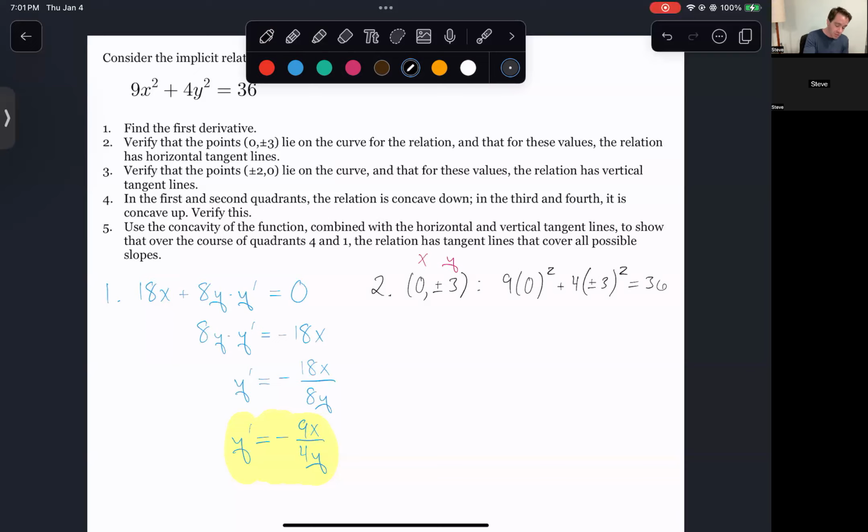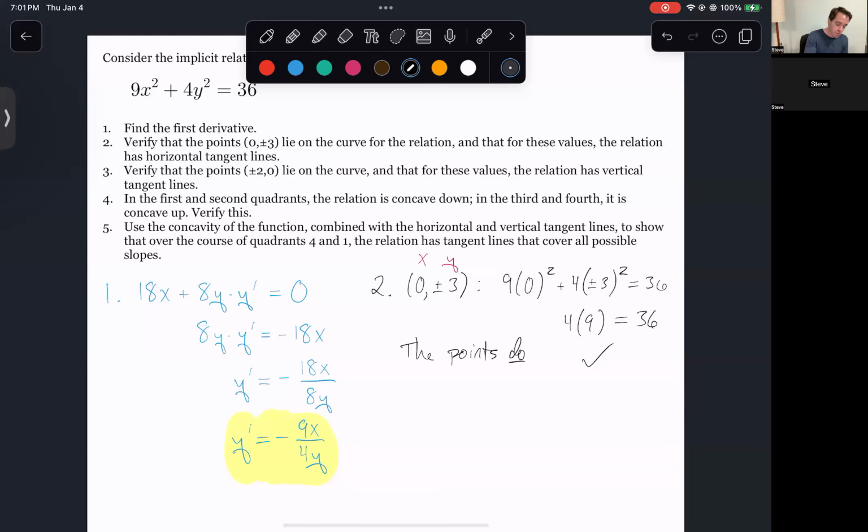Obviously, the beginning is 0 because 9 times 0 is 0. 4 times either 3 or negative 3 when you square it becomes 9, and this is equal to 36. So the points do lie on the relation. So we have done this part, verify that the points lie on the curve for the relation.